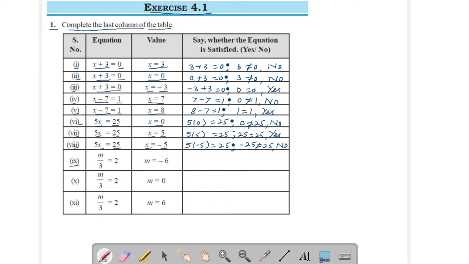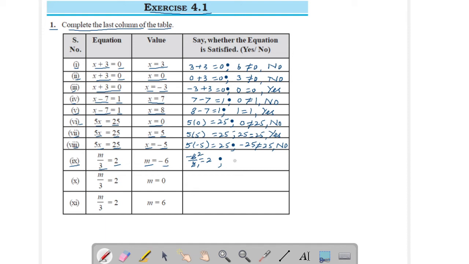Now come to ninth part. m/3 = 2. Here m = minus 6. Here simply put m = minus 6. What will you get? Minus 6/3 = 2. And if you solve it, 3 ones are 3, 3 twos are 6.